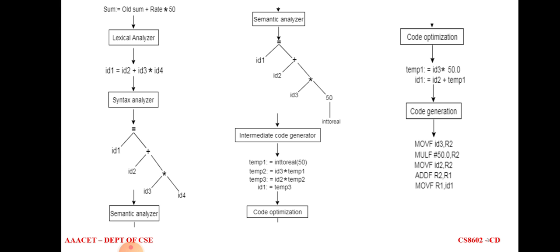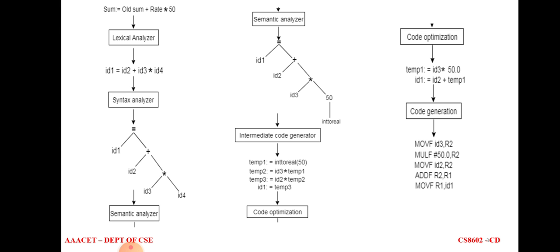Finally, it is given as the input of the code generation phase. For code generation, initially the id3 value is moved to register R2, and the multiplication operation is performed with the constant value 50.0. Here all mnemonics perform floating point operations, so each mnemonic has F at the end, and for a constant value we put the hash symbol before the constant value.